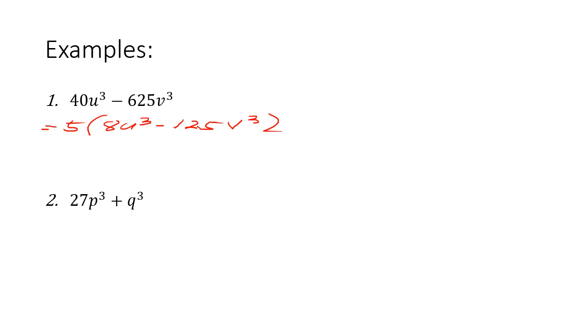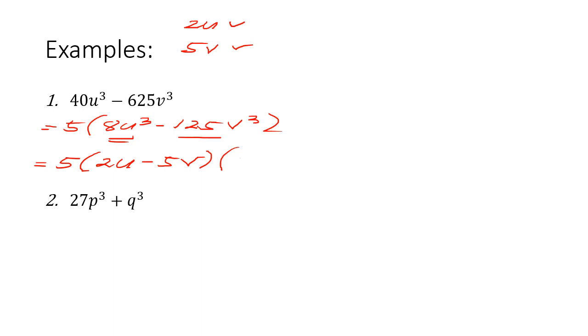And as you can see here, class, the perfect cube of 2u is equal to 8u cubed, and the perfect cube of 5v is equal to 125v cubed. So therefore, we could make use of 2u as our first term and 5v as our second term. So you have 5 times the quantity 2u minus 5v, times the square of the first term according to the formula that we have.